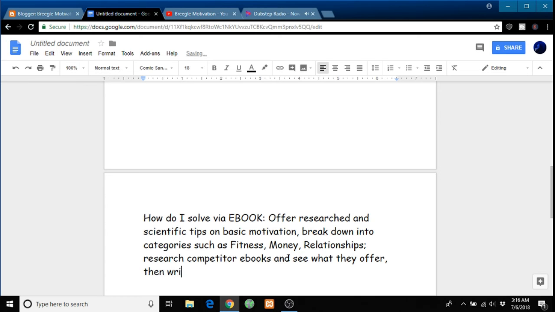Then write and offer an even better solution with more current research and tactics. So that's how our ebook is going to solve the problem.